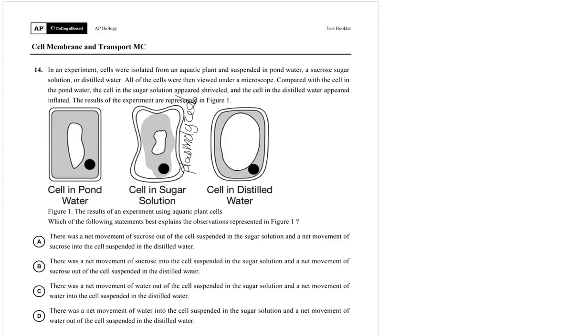So close. Turgor. Such a weird word, isn't it? Turgor. Yeah, you got the hyper and the hypo, but you at the end.